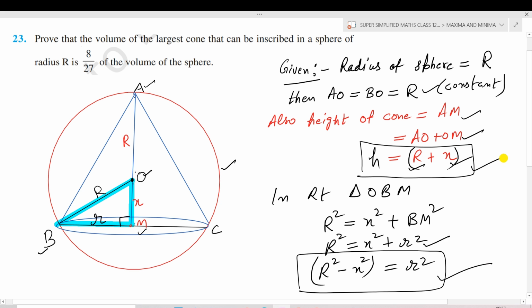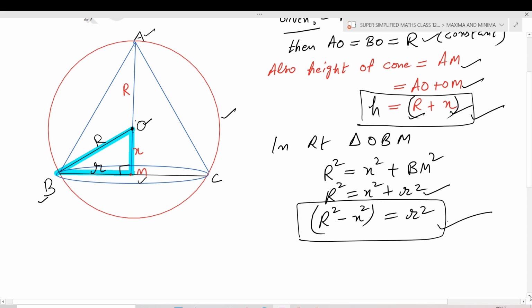Now we very well know the formula for the volume of a cone. The formula for the volume of the cone is 1 by 3 pi r square h. As we have already found the values of r square and h in terms of x, we substitute from equations 1 and 2.